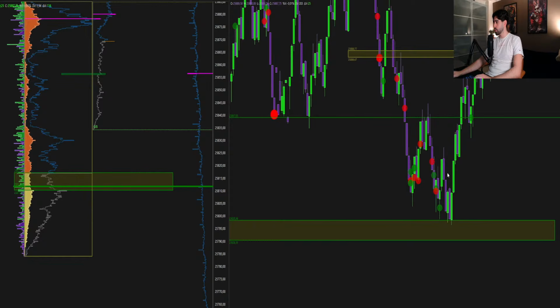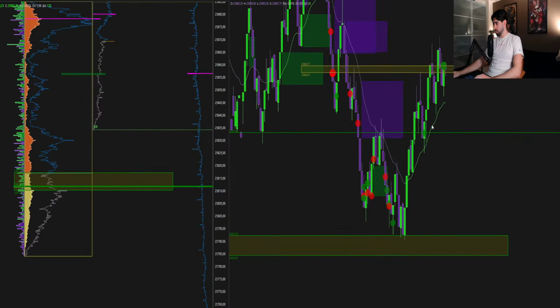Then I zoom in, go over to the right side, and plot the Deep Effort. If it shows me an entry zone, I'm gonna take it.